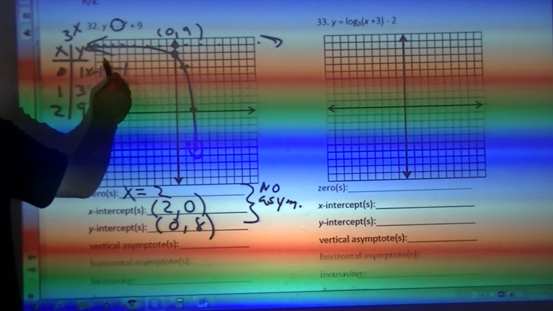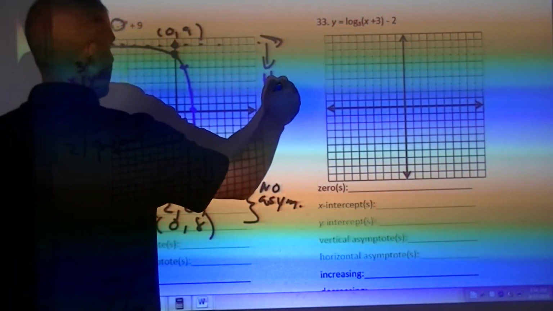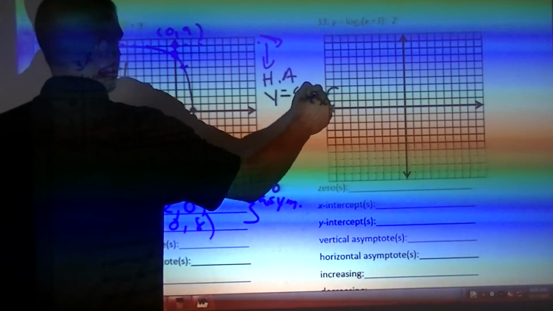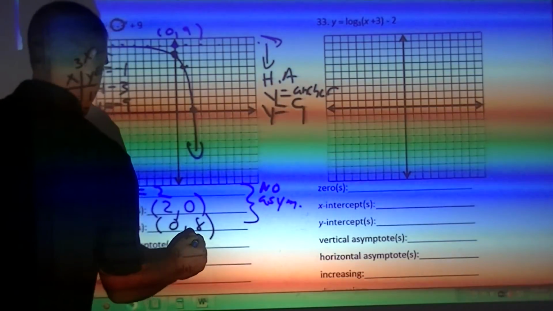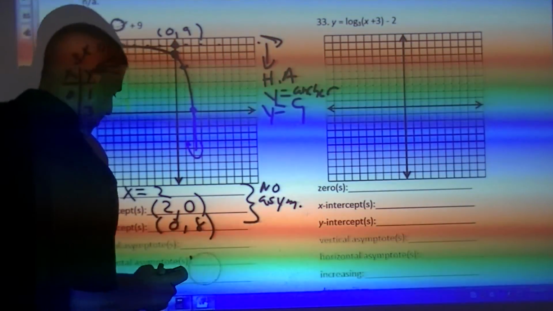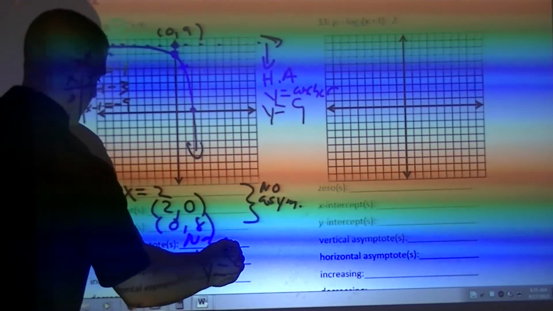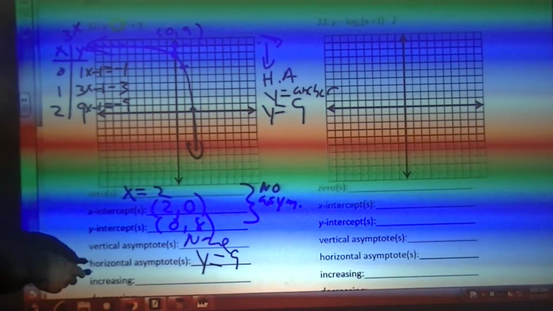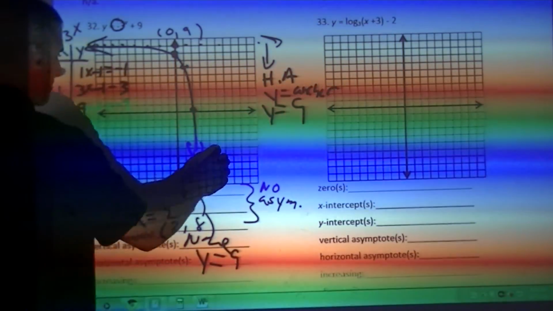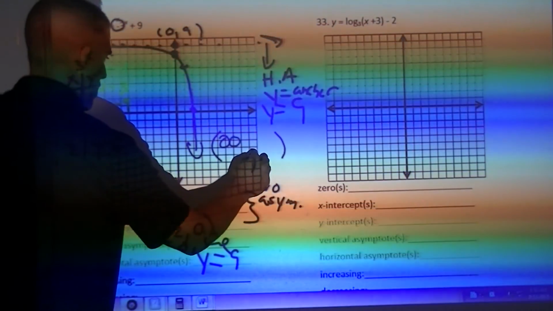Now, we have a horizontal asymptote, and just to let you know, when you have a horizontal asymptote, that's a y equals equation of our anchor. So that's going to be y equals 9. Make sure you write the y equals. You will lose points if you do not. So this is done here. Increasing. Now, how do we label this? This is still considered a right arrow that is going down.